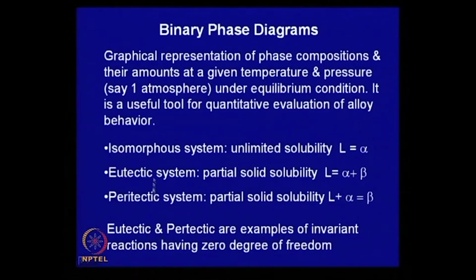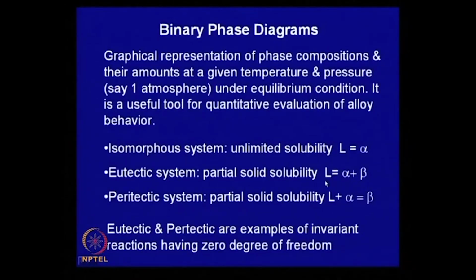Now, these two cases, eutectic and peritectic, are examples of invariant reactions. In fact, at 1 atmosphere pressure, if three phases are coexisting in a binary system, that means a system where the number of components is 2, then if you apply the Gibbs phase rule, you will find that the degrees of freedom is 0.